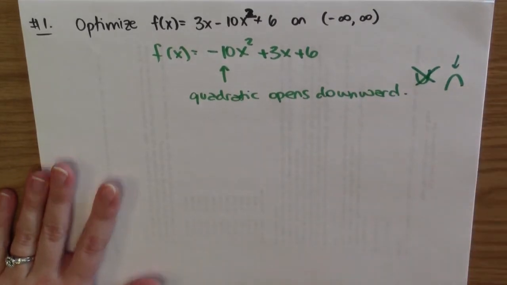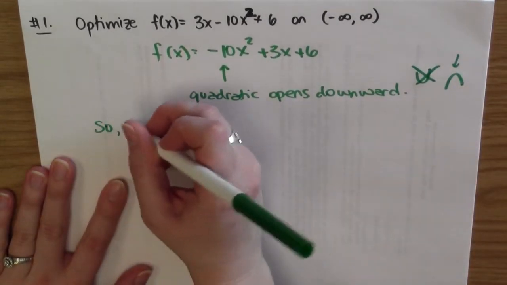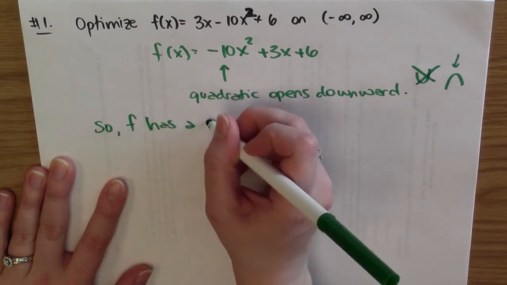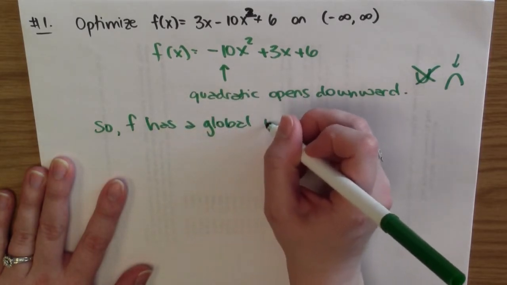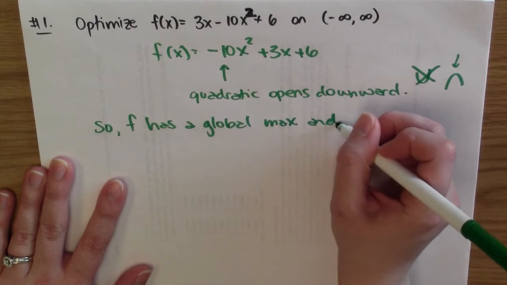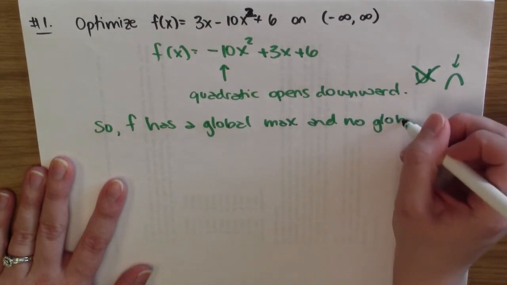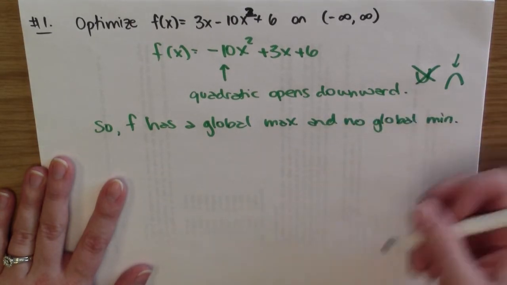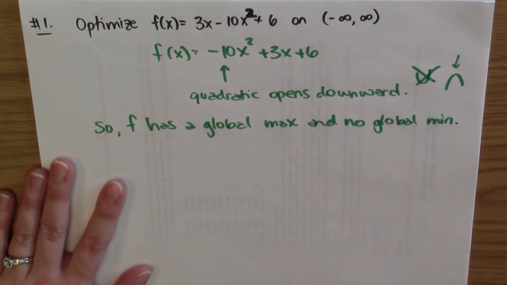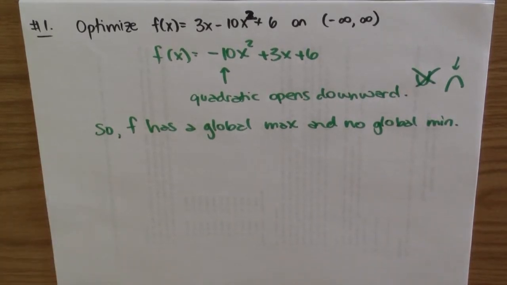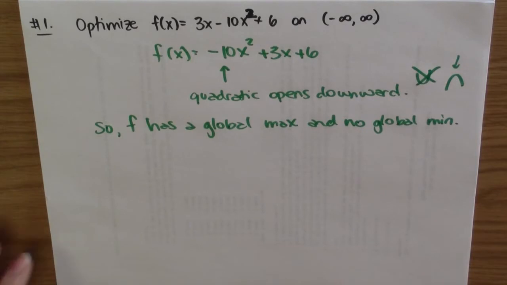It opens downward. That means f has a global max and no global min. Just from looking at this, not even a sketch of the graph, but a picture of what the graph should look like. So where does a global max occur?